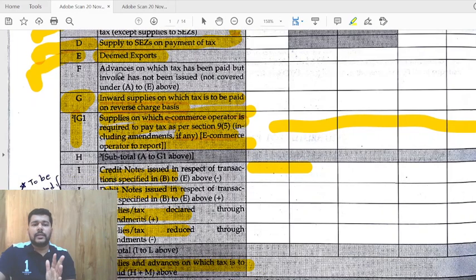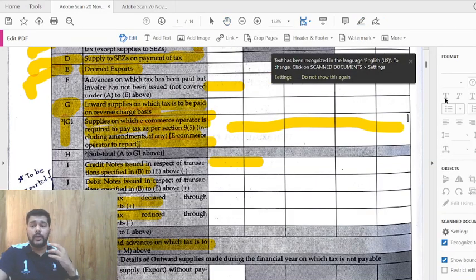The advances on which the tax has been paid but invoice is not issued, please remember this is talking about only those advances which are outstanding. Okay, only those advances which are outstanding as on 31st of March 2024. Means here we are only required to take into consideration those advances which were outstanding as on March 2024.